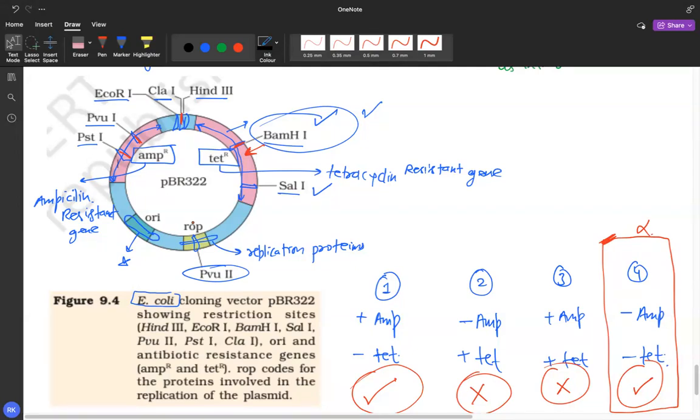So basically, it will technically be very difficult for you to get back the vector in a circular form. Okay.